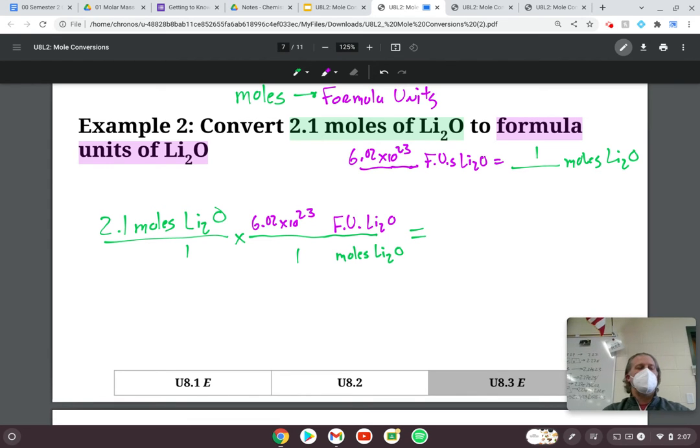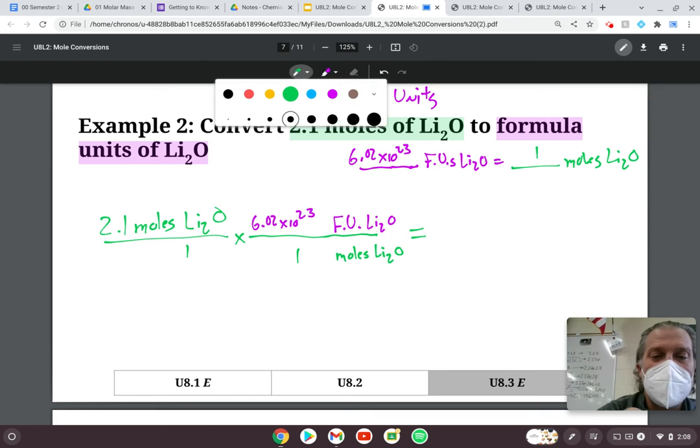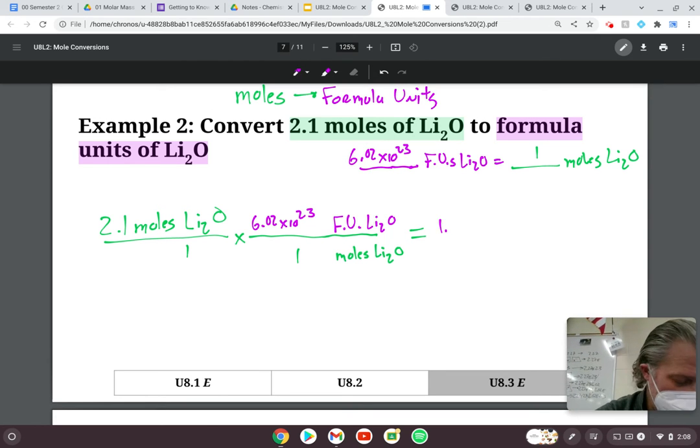I'm going to calculate. So I'm going to grab my calculator, and I'm going to take 2.1 times 6.02, second, x to the minus 1, 23. And the calculator gives me a value of 1.2642 E24 it might give you.